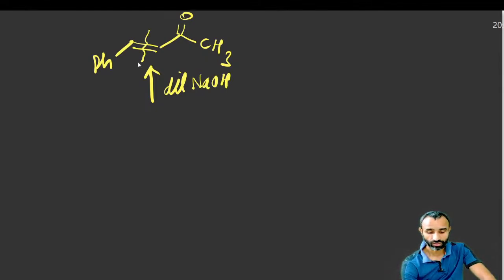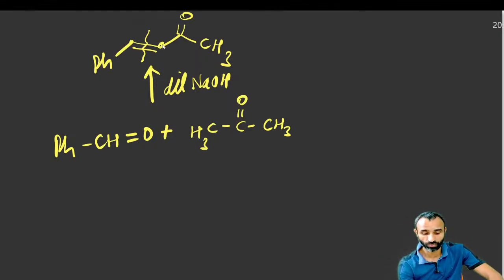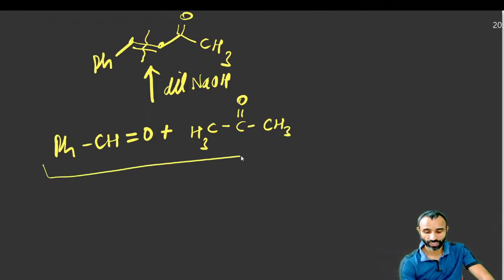That means the reactants of this particular reaction are, because this is CH double bond O, and on the other side there is CH3C double bond O. It is obviously CH3 because two alpha hydrogens are removed from this, and from here the double bond O moves away. In this way we get these two reactants.